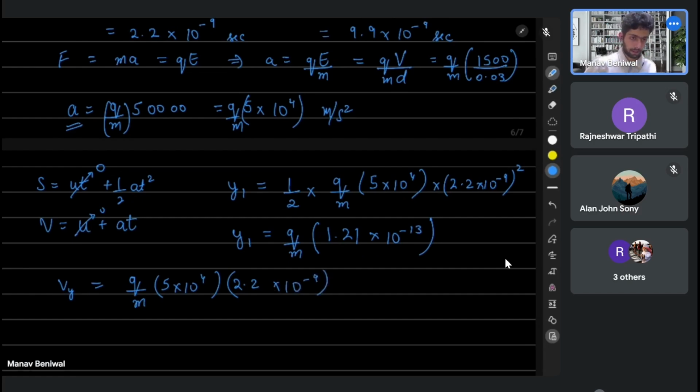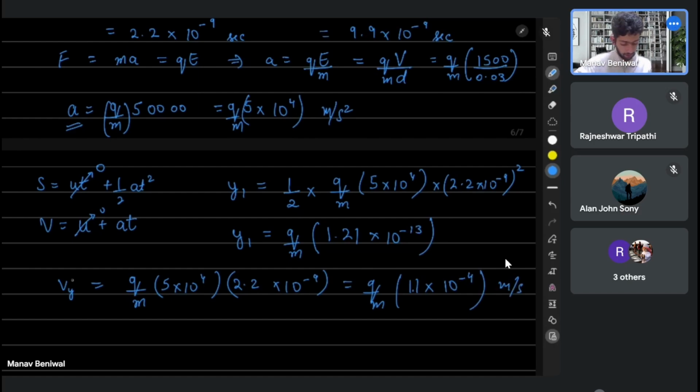Okay, so this just gives q over m, 5 multiplied by 2.2, which is 11, or 1.1 into 10 to the power minus 4 meters per second.